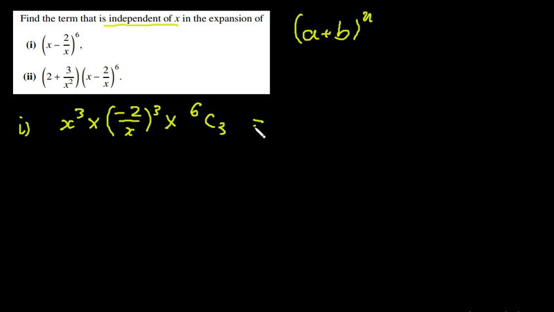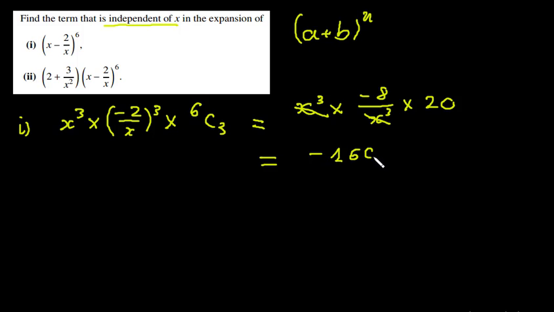So we have x cubed multiplied by minus 8 over x cubed multiplied by 20, but they cancel each other, so we have minus 160, which is the term that is independent of x in the expansion.